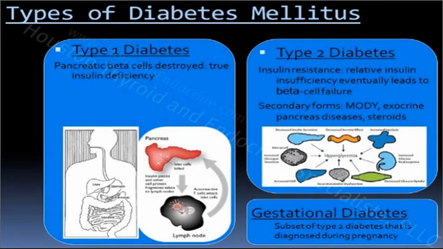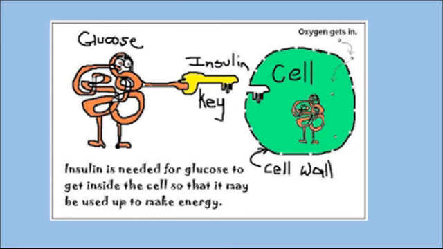Gestational diabetes, which occurs during pregnancy. They are not diabetic before, they may not be diabetic after, but because of pregnancy, you do not give oral antihyperglycemics. During gestational diabetes, it is treated with insulin.